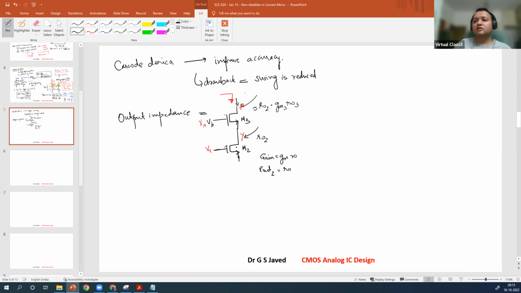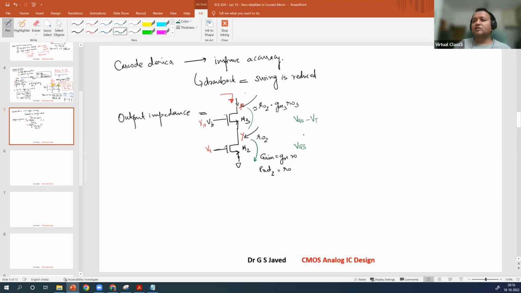This is your total output here. This is VDS, right? Vx is the VGS of the previous stage. Vx. And then you will have the V overdrive. What is V overdrive? VGS minus VT.